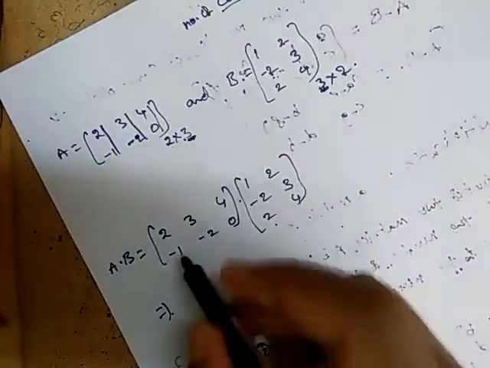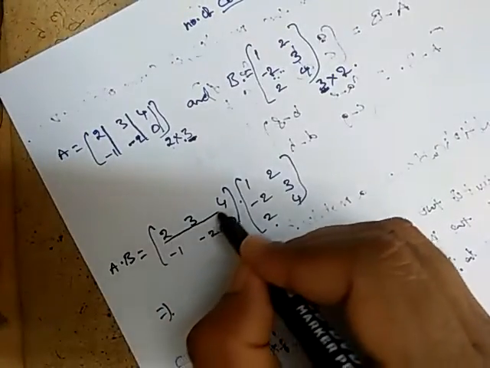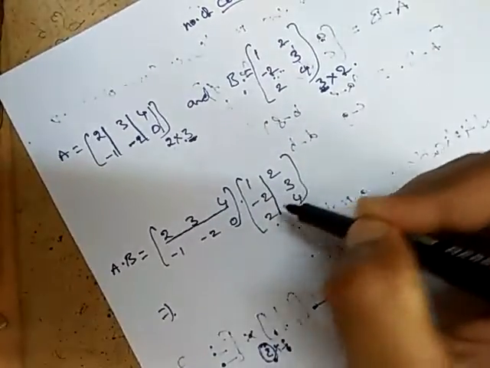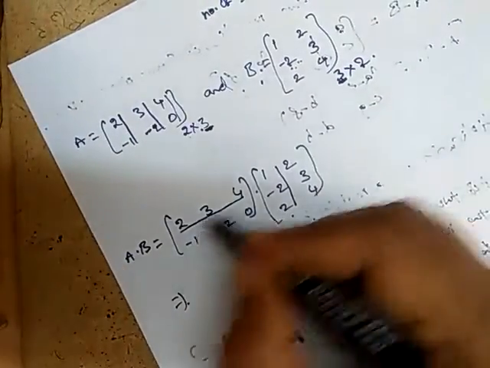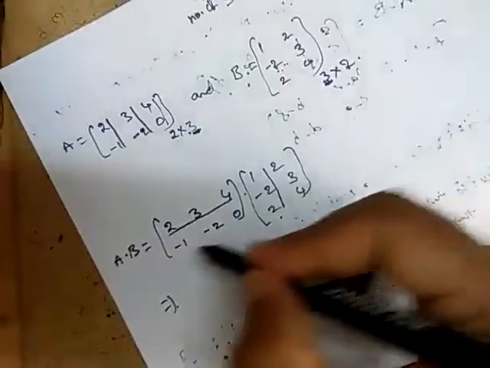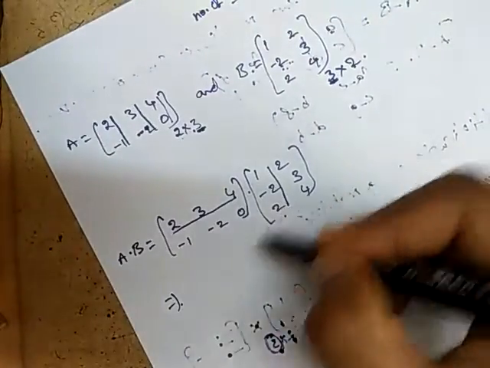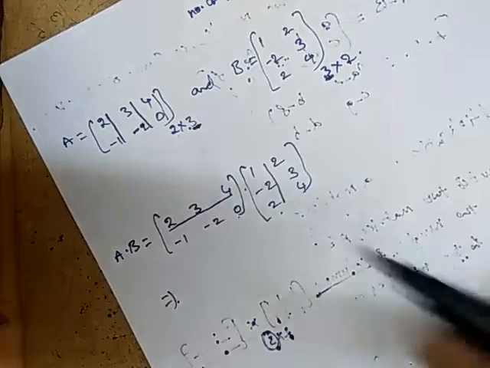Now, the process. What is the process? Multiply first row with first column, again first row with second column. First row, first column gives the first element. First row, second column gives the second element. Second row, first column gives the third element. Second row, second column gives the fourth element.